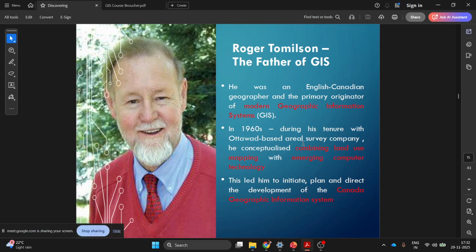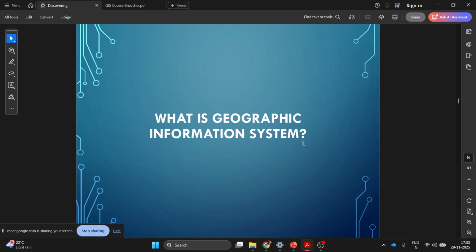This led him to initiate, plan, and direct the development of the Canadian Geographic Information System.